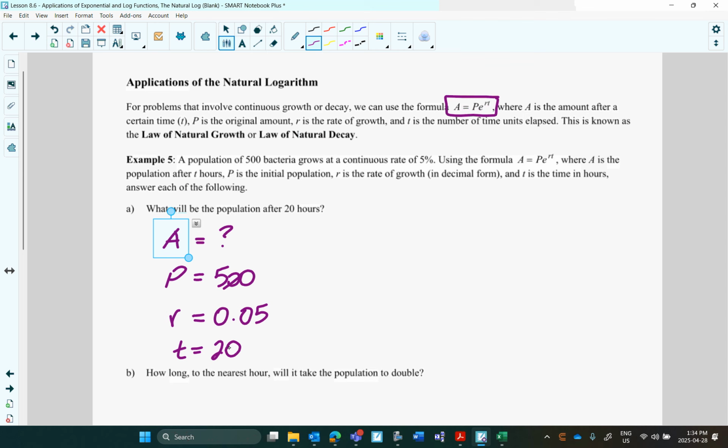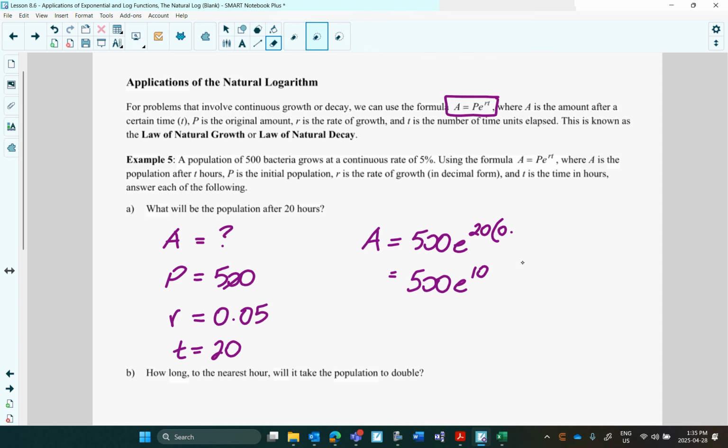So the first one's pretty straightforward. I just plug it in. 500 times e to the 20 times 0.05, which is the same as 500 times e to the 1, not 10.